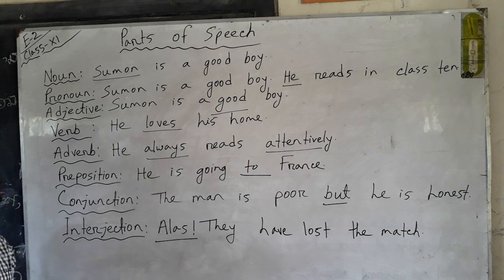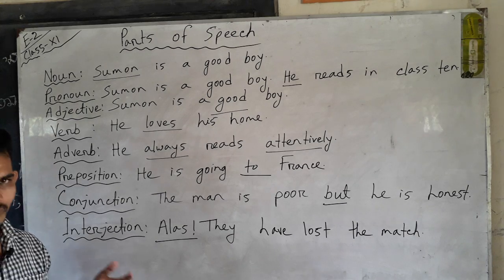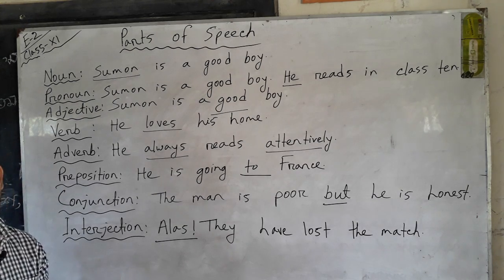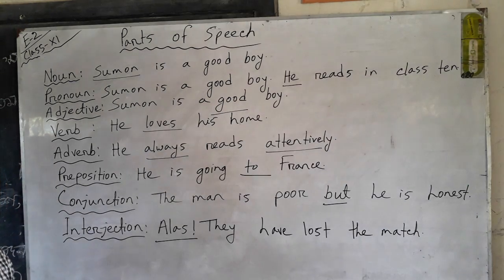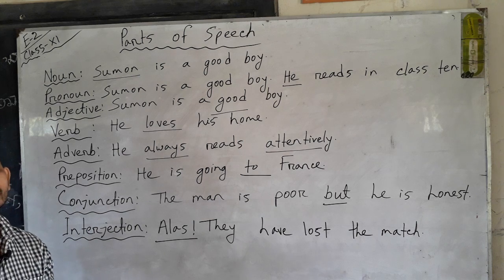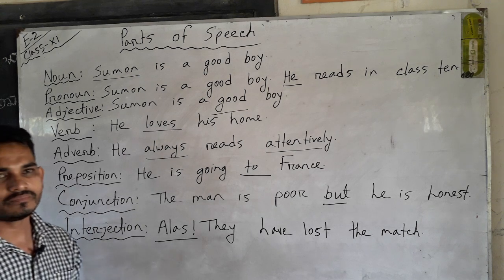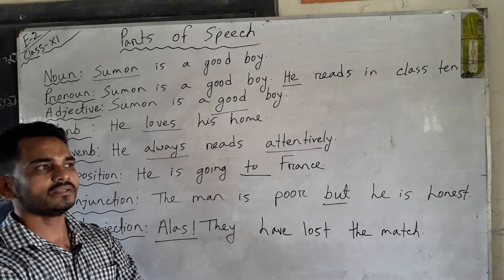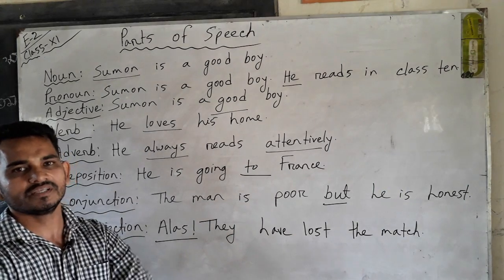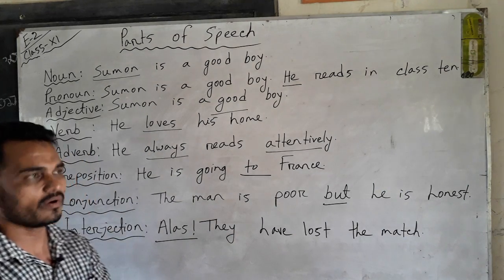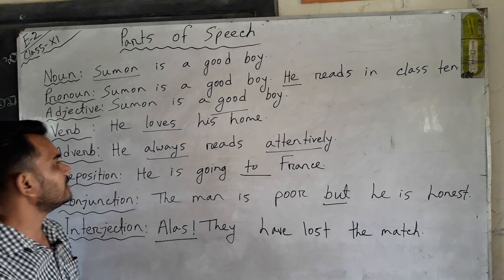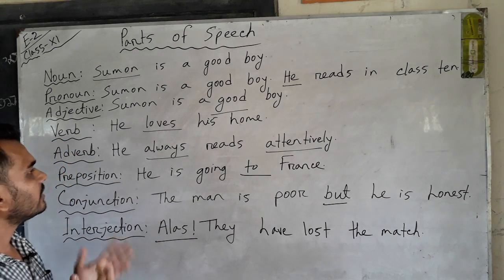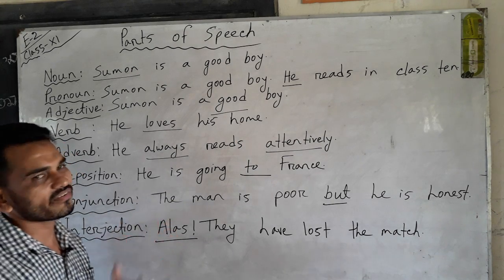Then preposition. In a sentence, a preposition is used to make a relation between nouns and other words in the sentence. Here I gave an example: He is going to France.